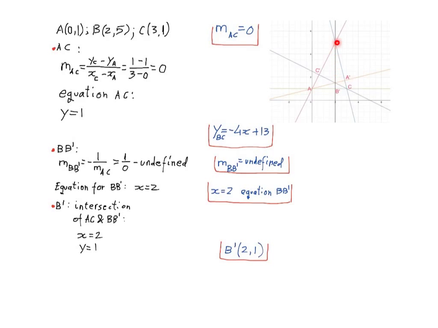So this one here, BB prime, is x equal to 2. And B prime is at the intersection of BB prime and AC. So solving this, we got x is equal to 2. We can simply read this off the graph. x is equal to 2 and y is equal to 1 for B prime.